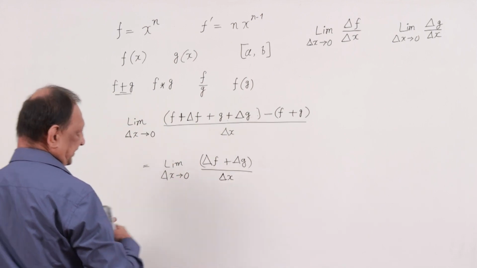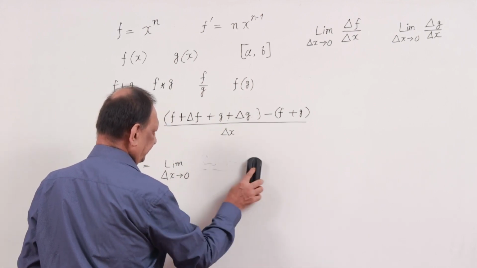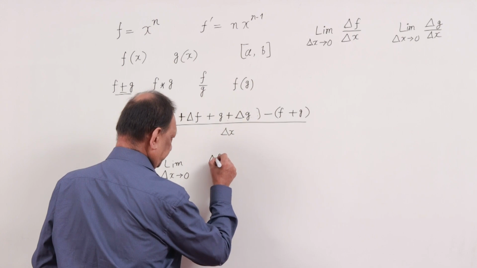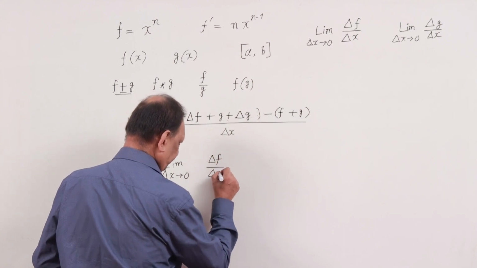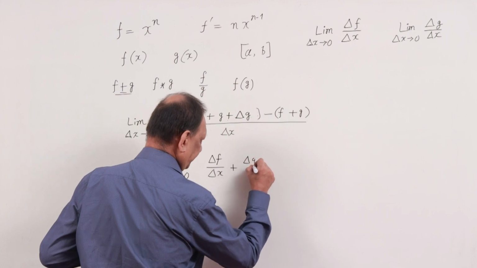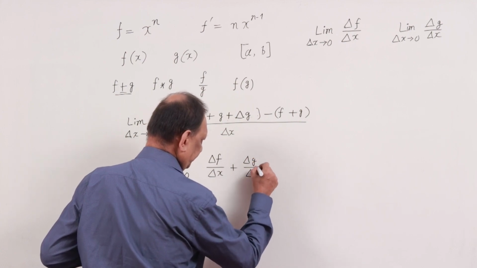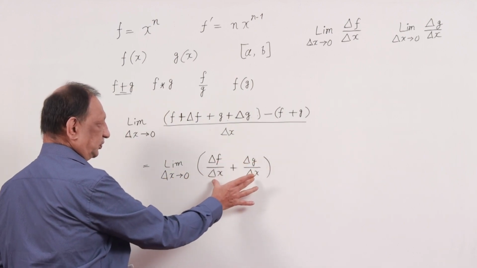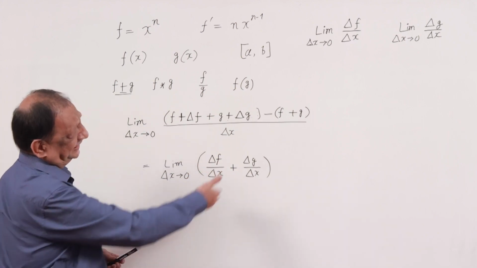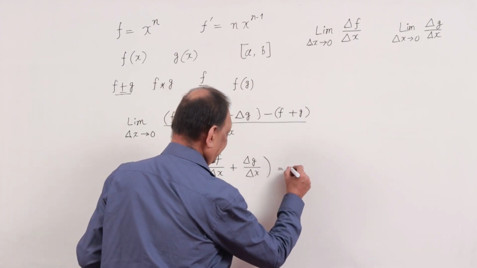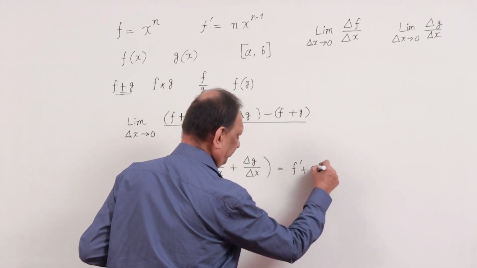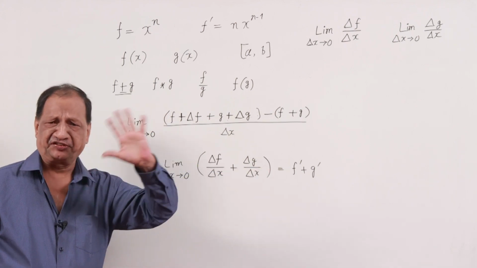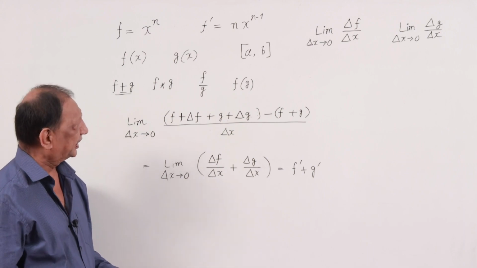Or I can split this as two different fractions: delta f by delta x plus delta g by delta x. We know that the limit of a sum is the sum of the limits, and that gives you the actual differential as f prime plus g prime. If you want f minus g, you will get the same result, f prime minus g prime. That is not a problem.